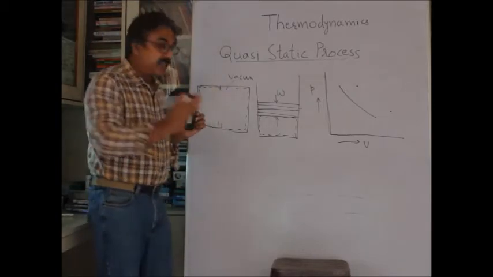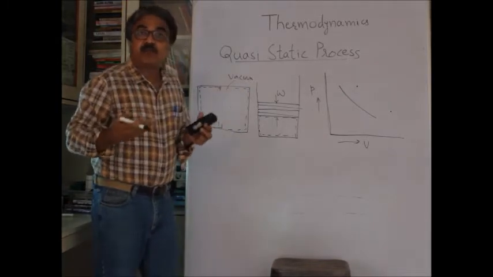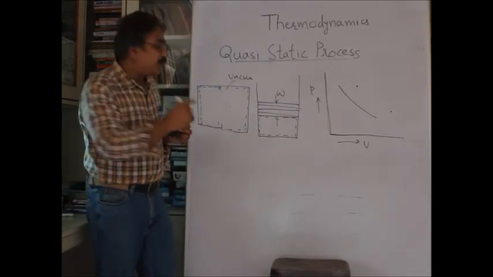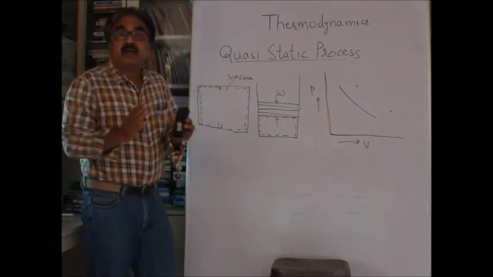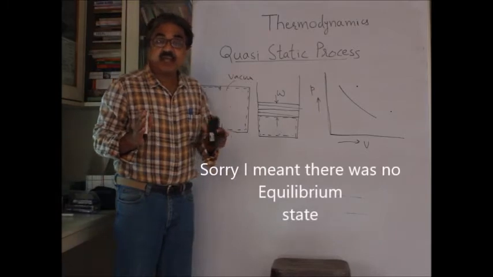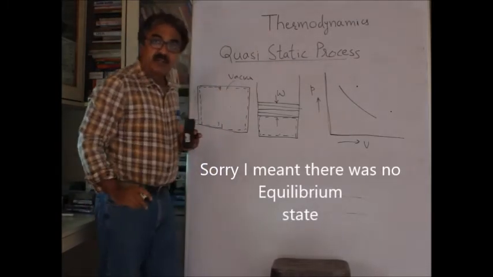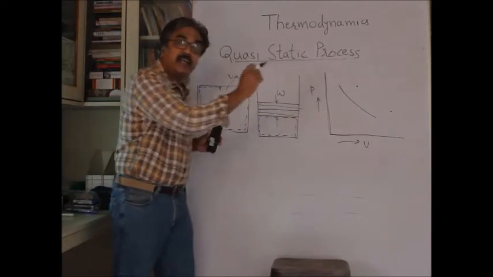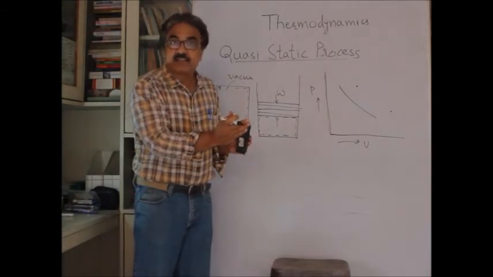So you find that while this is expanding, the entire space is filled up, and the properties are changing. There is not a single value of property to represent the entire system. So there was no equilibrium state. Since there was no equilibrium state, we couldn't represent that here, right? Unlike this, where every slice is removed and you get a new equilibrium state adjacent to the previous equilibrium state.